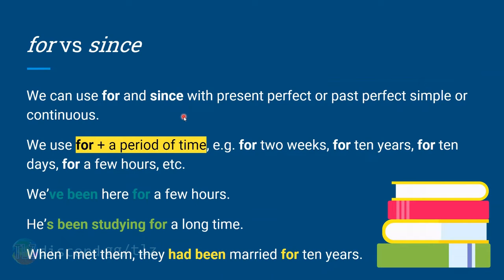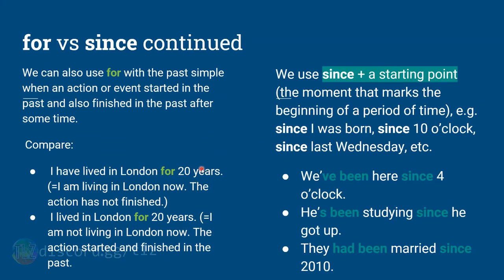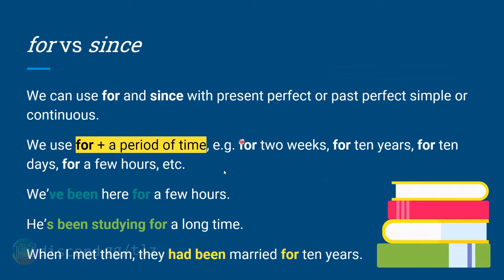You could also change this sentence: he's been studying since the 5th of February. That's one. And he's been studying for a long time. So it's really just about being specific. If you can't remember the difference, or if it's confusing, remember for is general.